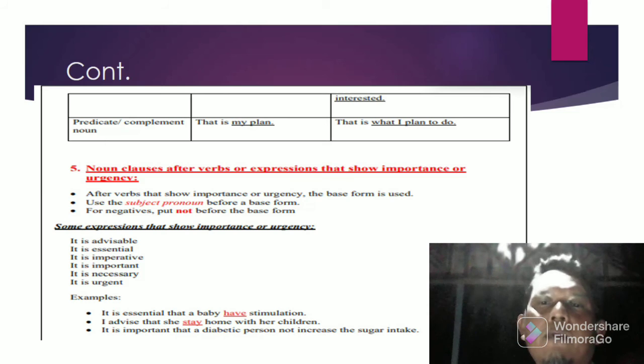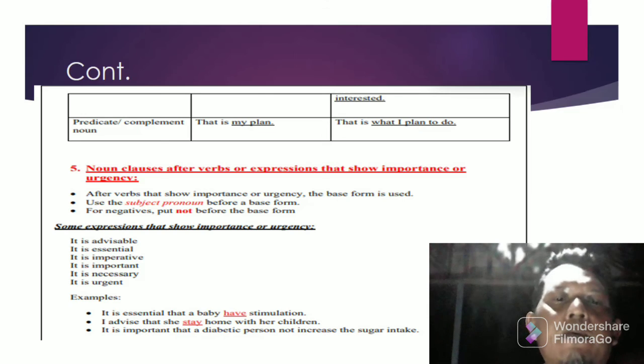Examples of expressions showing importance or urgency are: it is vital, it is essential, it is imperative, it is important, it is urgent, it is necessary. The examples: it is essential that a baby have stimulation. I advise that she stay home with her children.